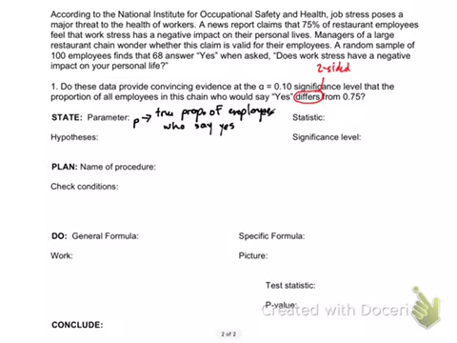The statistic, well, you see in there that there were 68 out of 100 who said yes. So 0.68. So far, so good, I hope.